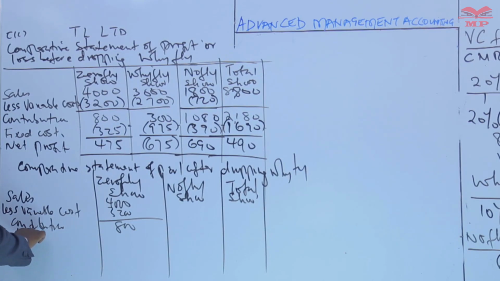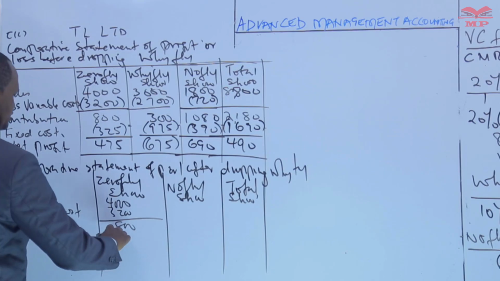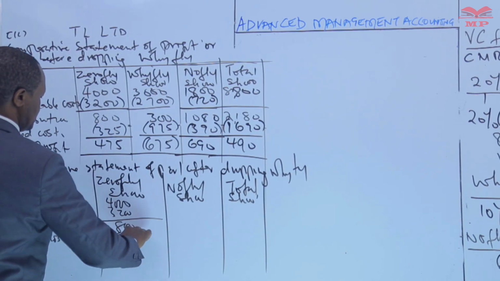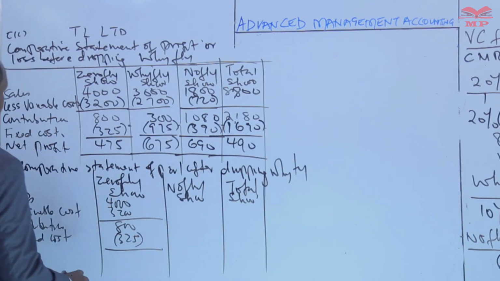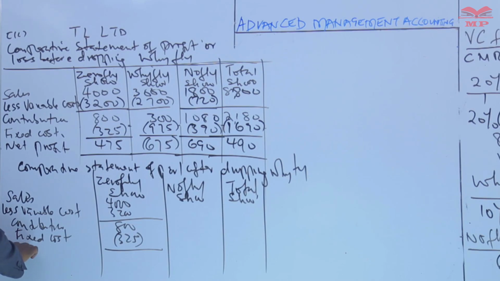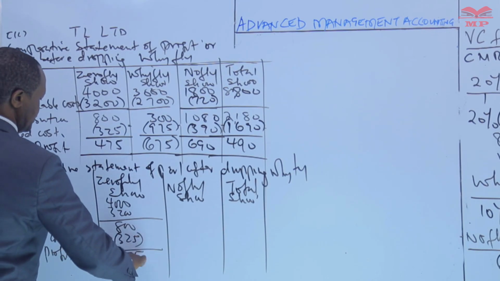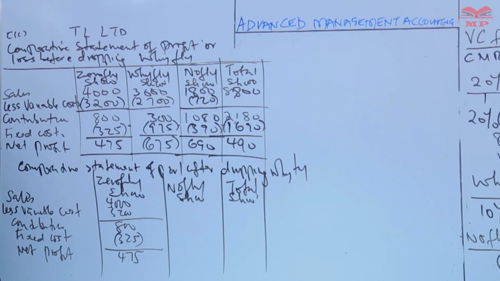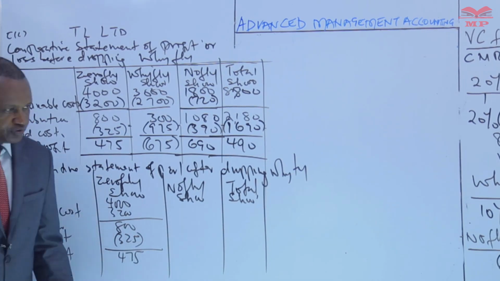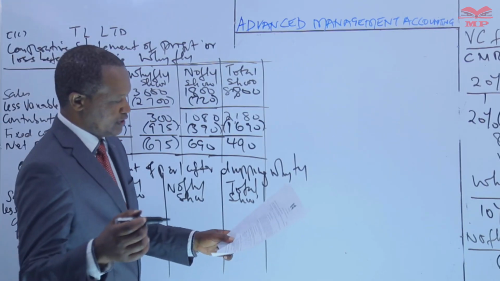The fixed costs will remain 325 deduct. Then we'll have the net profit standing at 475. That does not change. So we need to move to no fly.